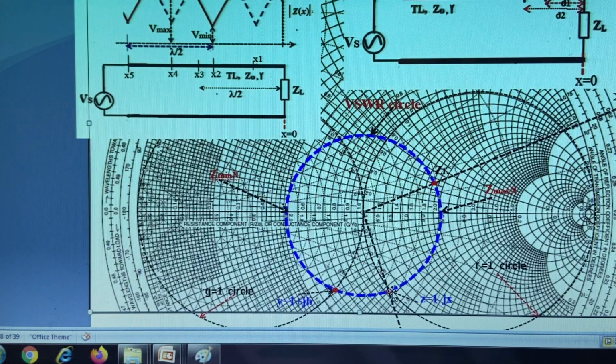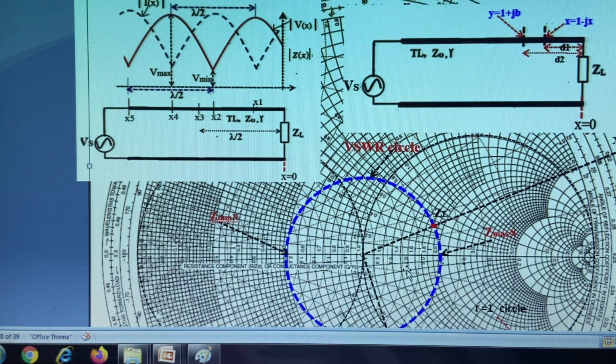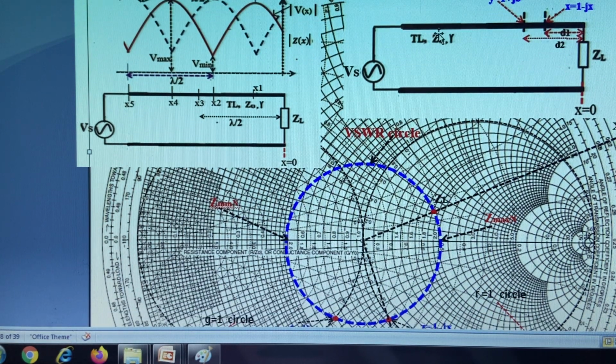As you move like this, wherever the VSWR circle intersects the G is equal to one circle, at this position the admittance is of the form 1 plus jb. That means the admittance real part is equal to 1 again. So like that we come across variations of impedance as we move over a transmission line.